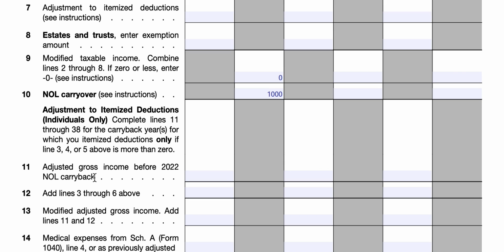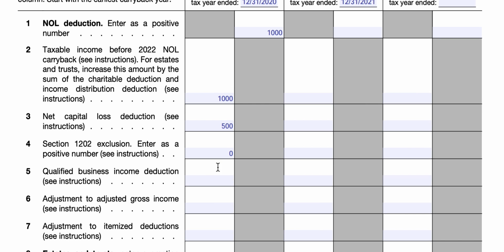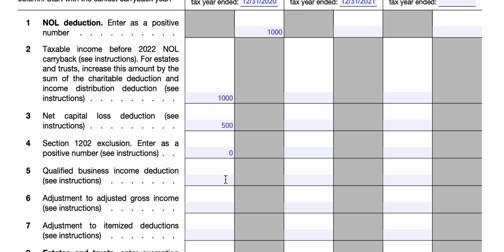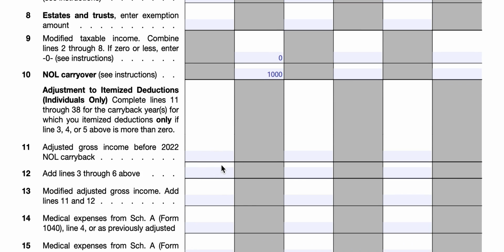So in line 11, you'll enter your AGI before the carryback. Then you'll combine lines 3 through 6 above. Enter that sum here. You'll add lines 11 and 12 to come up with a modified adjusted gross income on line 13.